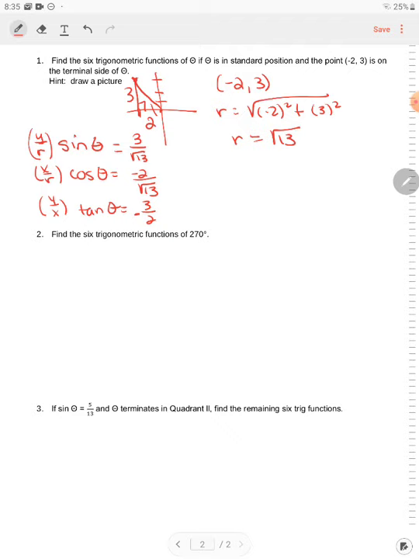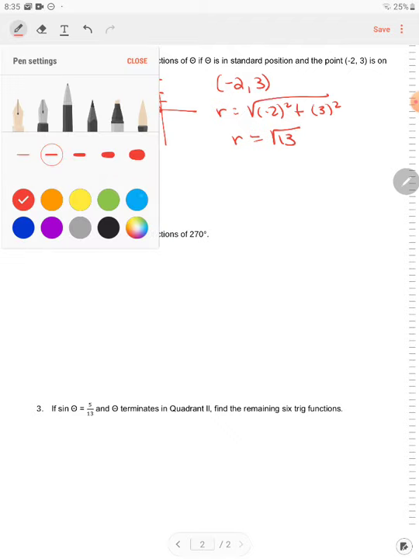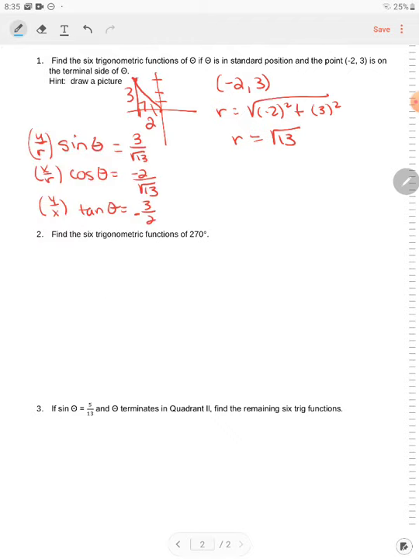Now, the reciprocal functions, we'll do those in blue. Reciprocal of sine is cosecant, so that's r over y, or you could just flip it, root 13 over 3. Let me move that r value over here.